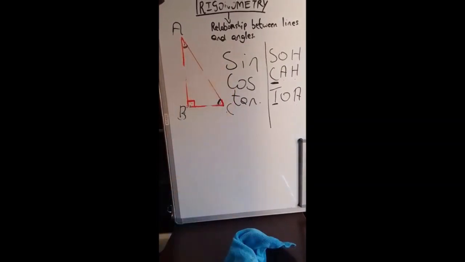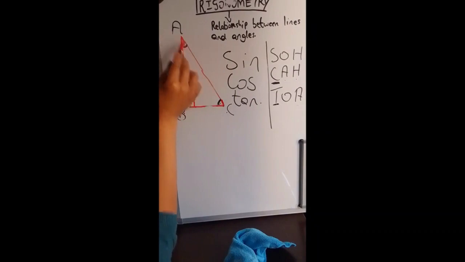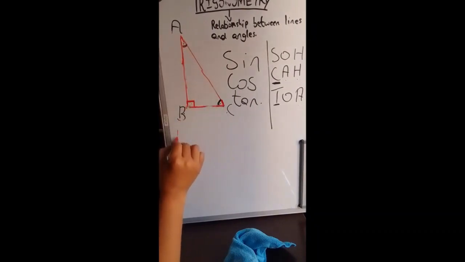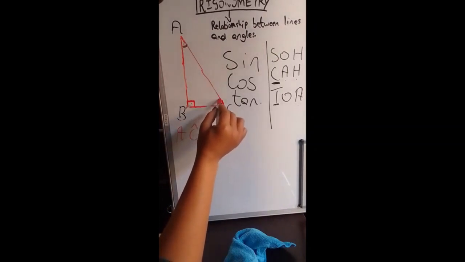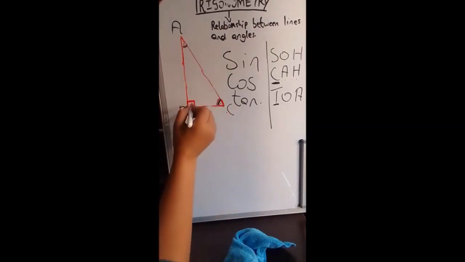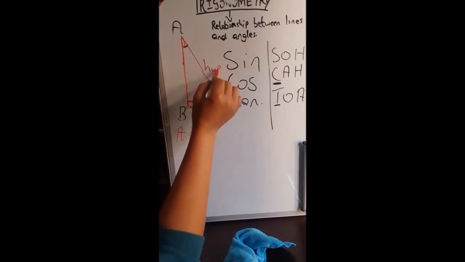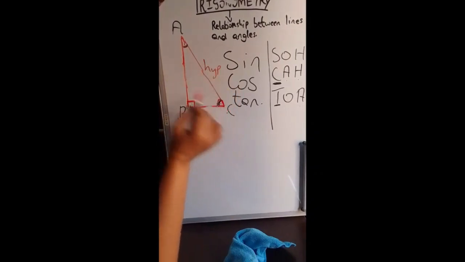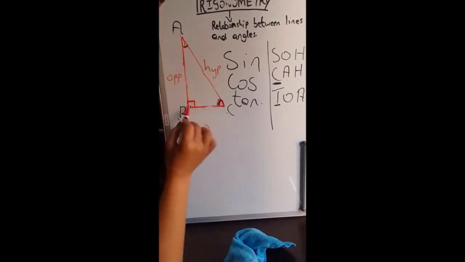So now the focus is angle ACB. Angle ACB. This angle here. Let's determine the sides. The one that is opposite our 90-degree angle, we refer to it as a hypotenuse. What's opposite C? It's that side AB. And what is adjacent to it?